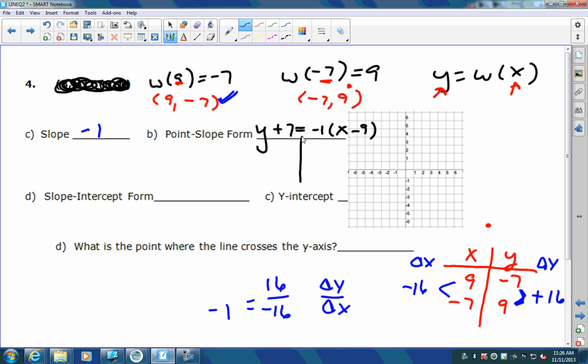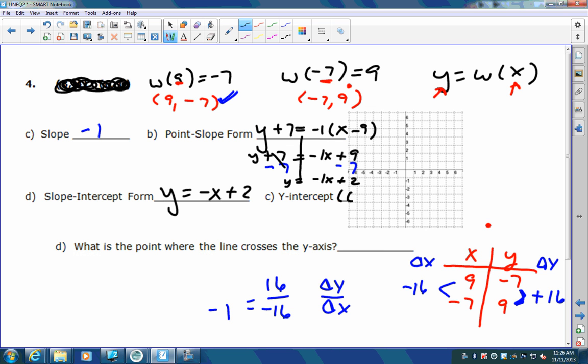Now, to put it in slope-intercept form, I have y plus 7 equals negative 1x plus 9. I'm going to subtract 7 from each side. Y equals negative 1x plus 2. So I have y equals negative x plus 2.